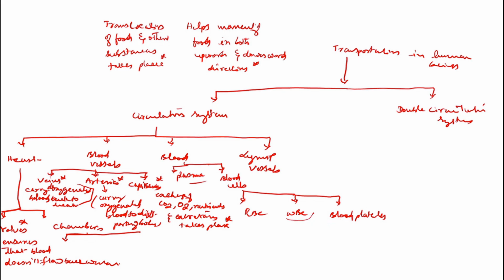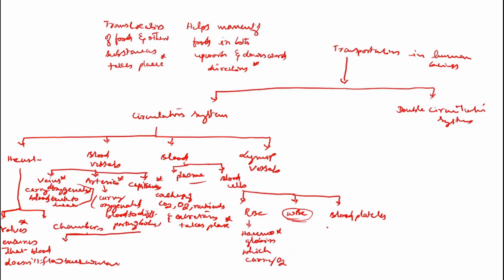So WBC, it is the immunity system. RBC contains hemoglobin, which carries oxygen. This is also important. Okay.